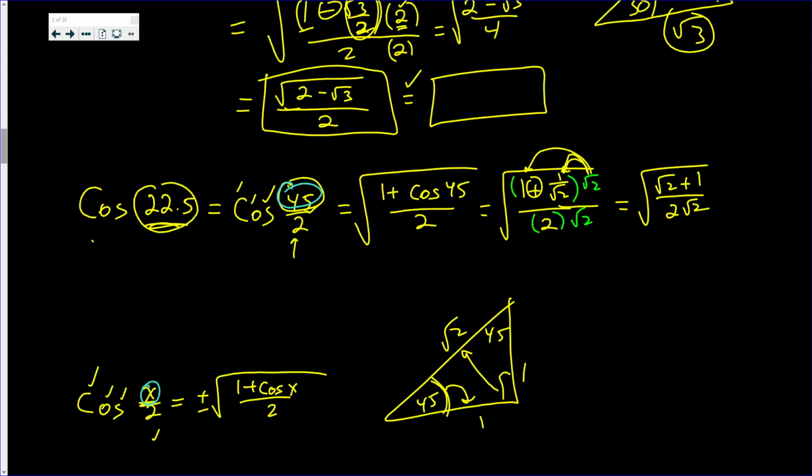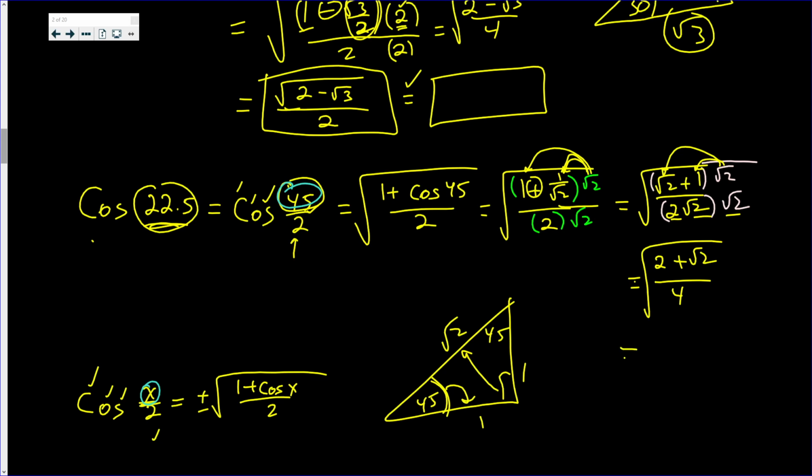Okay, some people may say, nope, your denominator can't have square root signs. Fine. We'll multiply the top by square root of 2 and the bottom by square root of 2. The denominator: square root of 2 times square root of 2 is 2, times another 2 is 4. In the numerator, square root of 2 times square root of 2 is 2, plus square root of 2 times 1 is square root of 2.